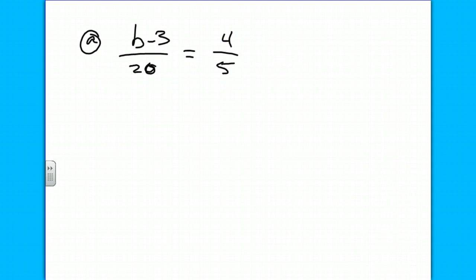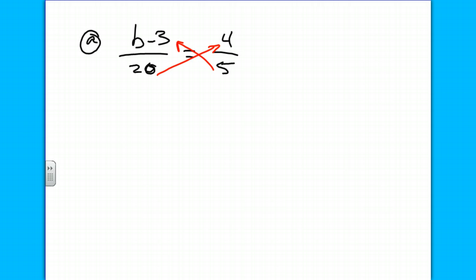In the left side, we have B minus 3 in the numerator. So this is definitely a 7th grade proportion compared to 6th grade. We have 2 things going on in that numerator. So we have to be super careful when we use our cross product. We're going to do what you're used to. We're going to bring the denominator up and over.